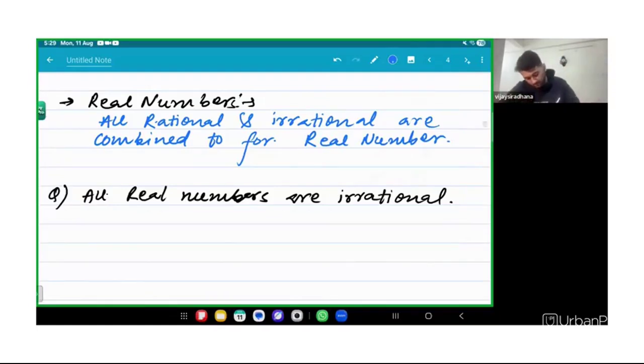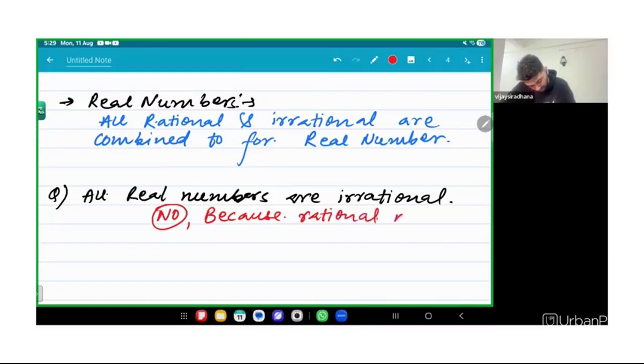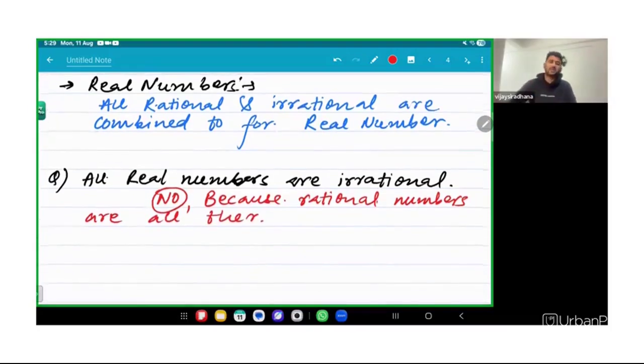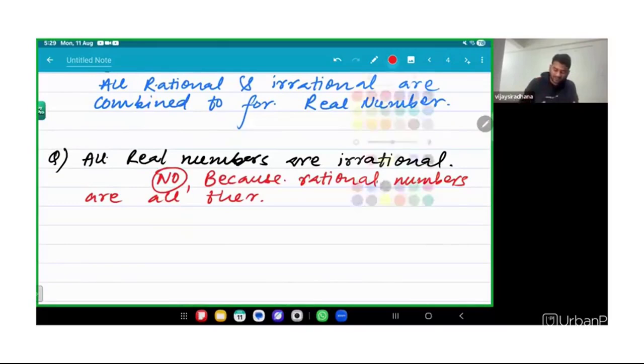So, no, because in real numbers, not only irrational but rational numbers are also there.